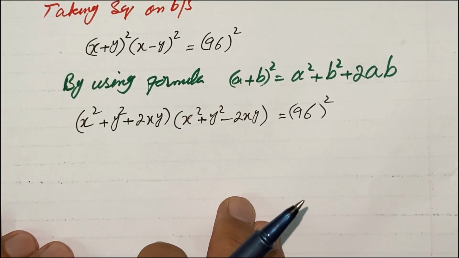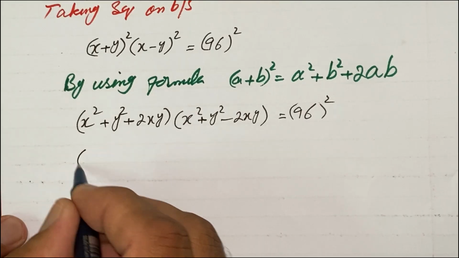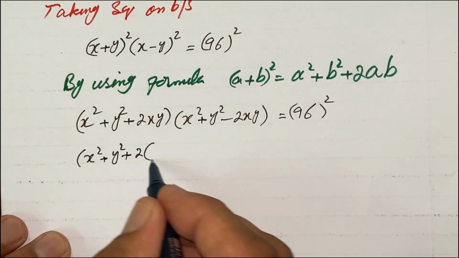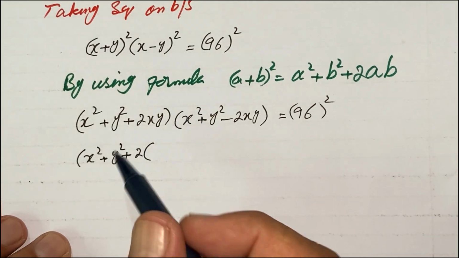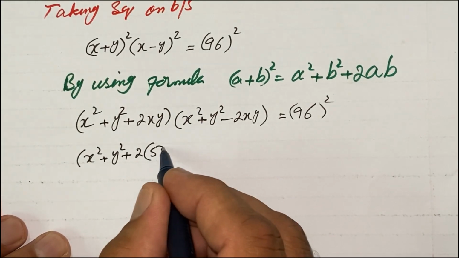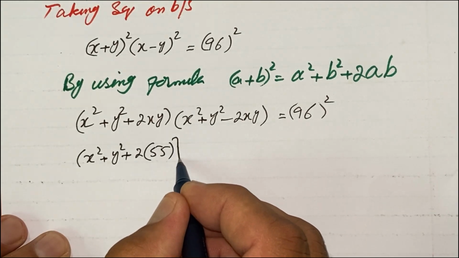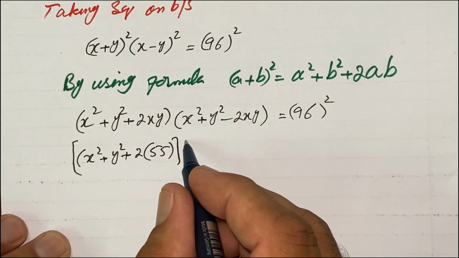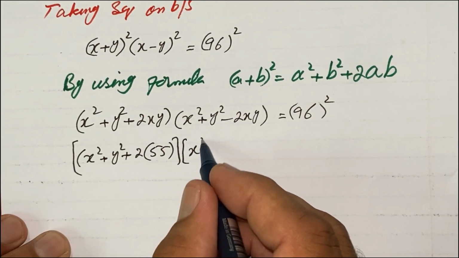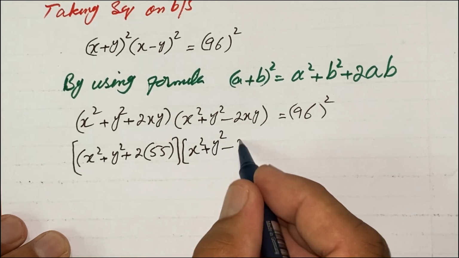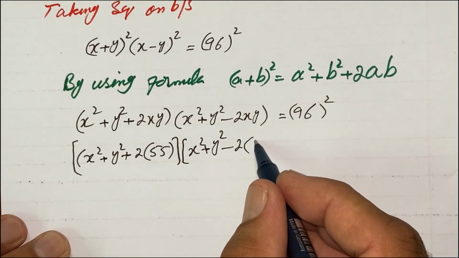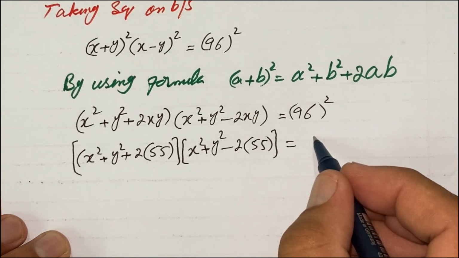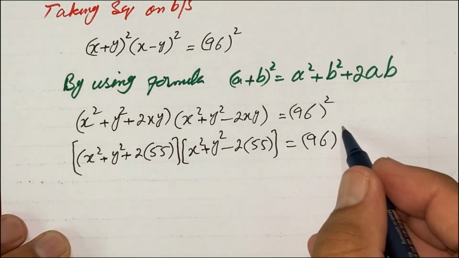Now x square plus y square plus 2xy. The value of xy is given, which is 55. Here x square plus y square minus 2 into 55 is equal to 96 whole square.